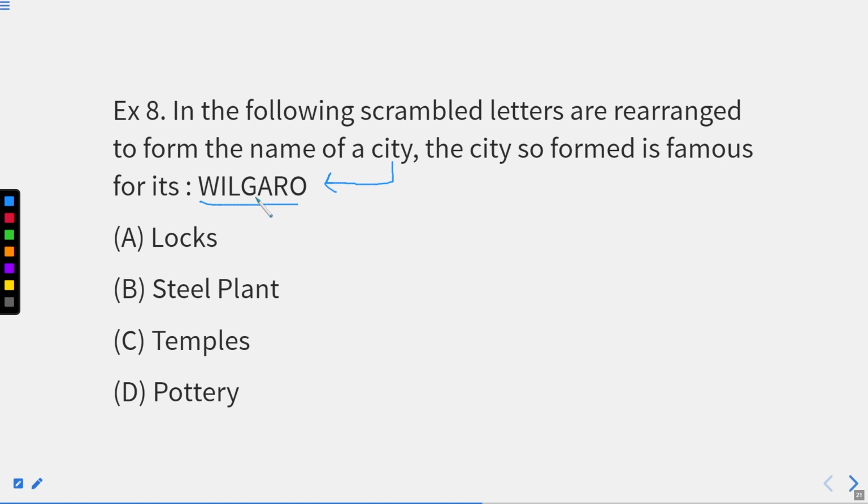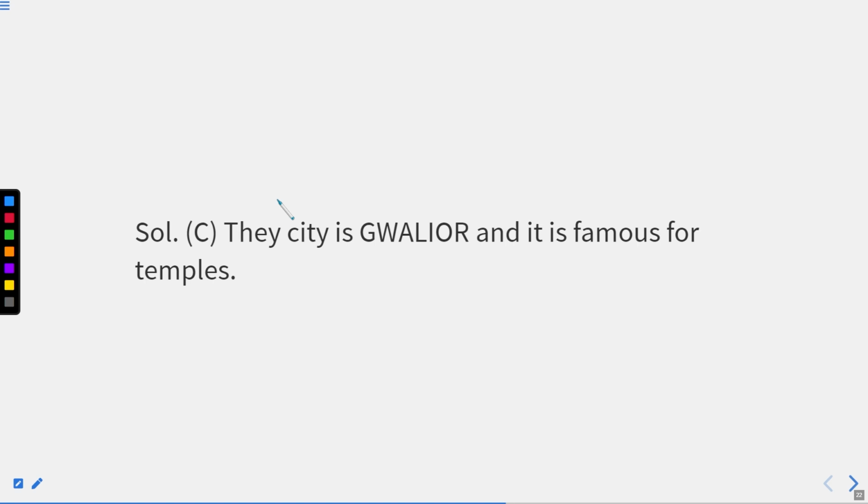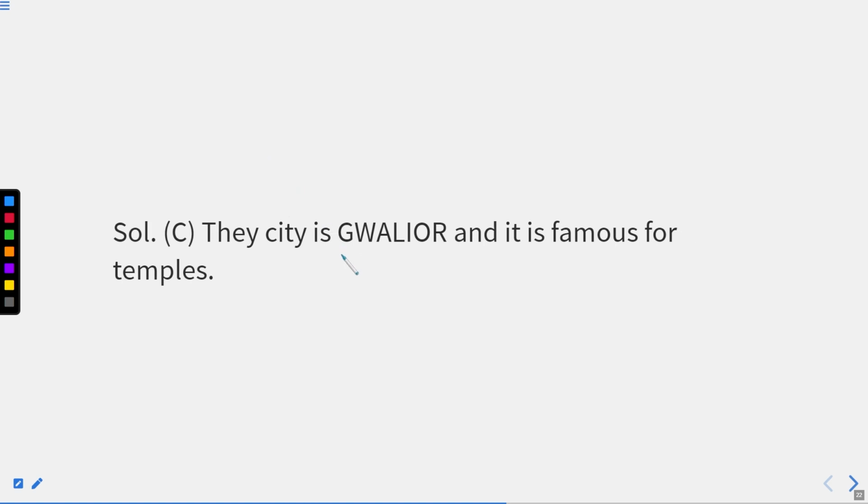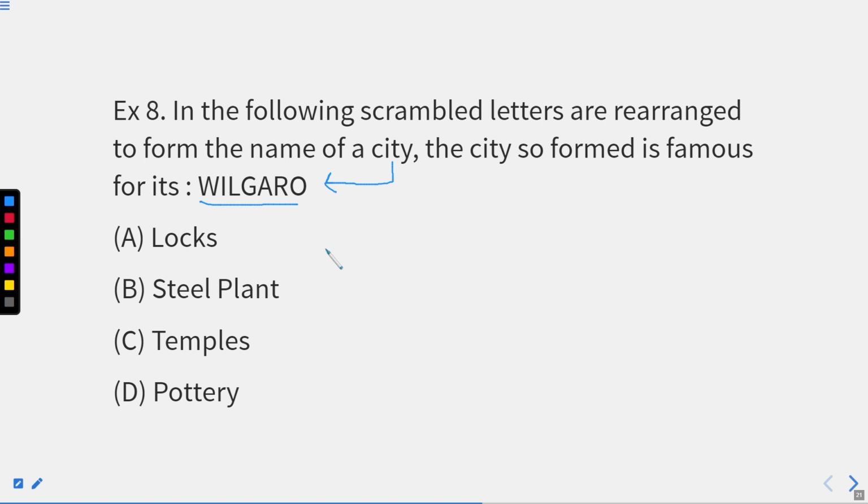So we can figure out by looking at the alphabets that this will form the word Gwalior, which is in Madhya Pradesh, right? So Gwalior, we know Gwalior. Gwalior is famous for which of the following things? Those who have been to Gwalior earlier, those who are staying in Gwalior, they know very well that Gwalior is famous for its temples, right?